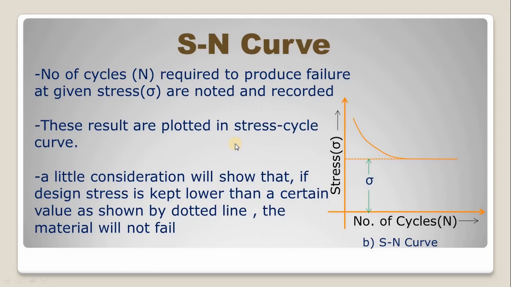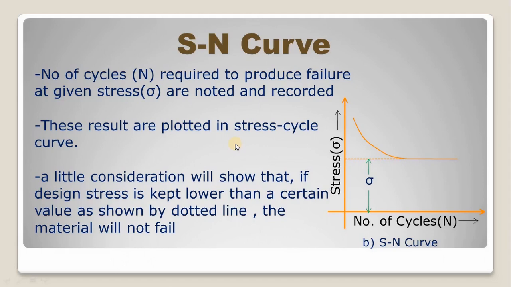It means that it is the maximum limit up to which the material is capable of sustaining stress. If I keep the stress up to that limit, the material will not break or fail.